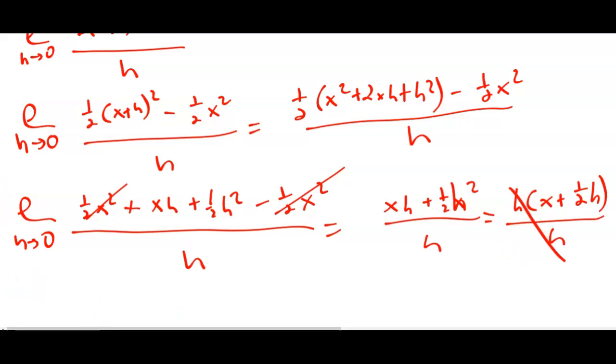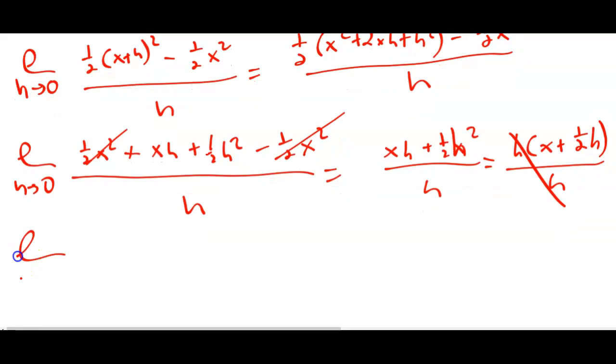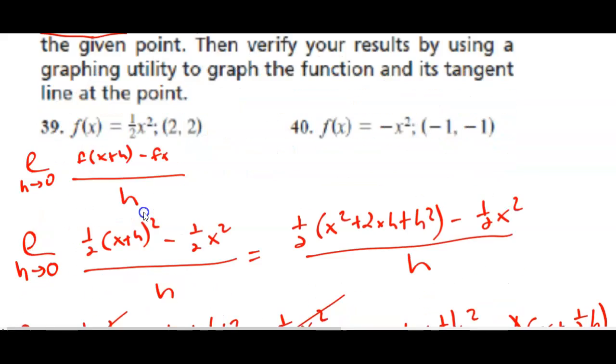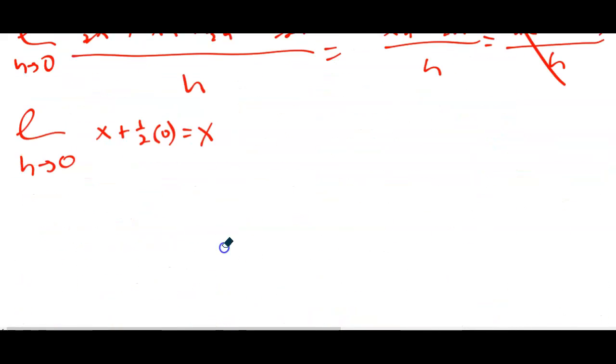And so the limit here, as h goes to 0, is x plus 1/2 times 0, which equals x. And so, again, if you use the power rule, you'll see that 2 times 1/2 is 1x, so it's x. Now all we've got to do is find m, right?